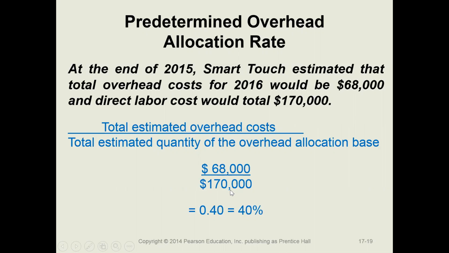The denominator would be the $170,000 estimated quantity of labor dollars. So the predetermined overhead allocation rate is 0.4 or 40%. Whenever you use direct labor cost as the driver, and you have a dollar amount divided by another dollar amount, you're going to end up with a percentage. So in this case, 40%.